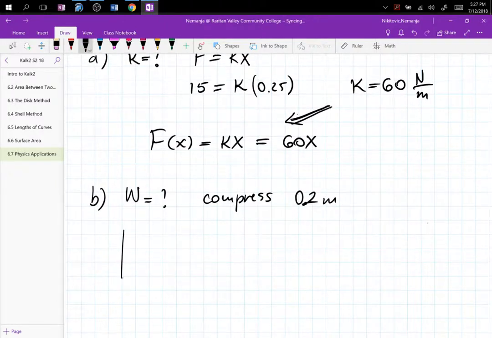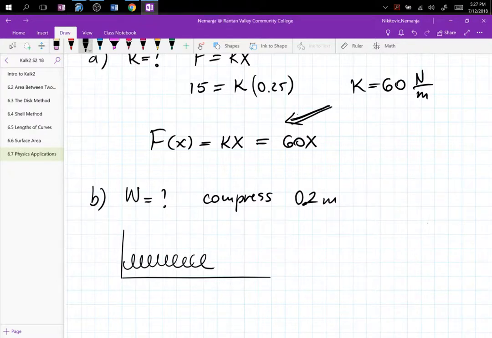So now we draw a spring. We can attach a body, like a crate or something. We're going to push on that with a force. We just know that we want to compress from the equilibrium point, which is here, this way to negative 0.2 meters.